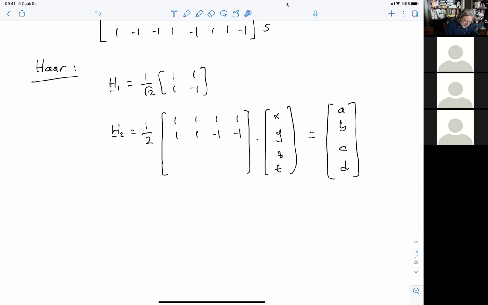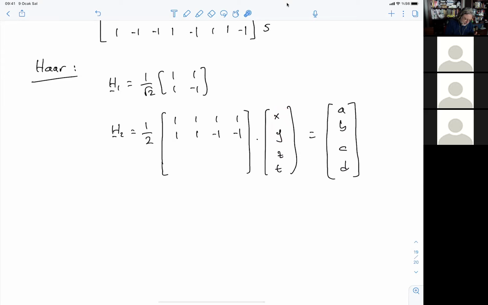Using A and B, I won't be able to resolve X, Y, Z, and T, but I will have a coarse resolution of a combined version of X and Y and Z and T. If I say X plus Y is, for example, Q, and Z plus T is P, I can resolve Q from P with these formulations, because A will give me the summation of P and Q, and B will give me the difference between P and Q. So I can resolve P from Q.